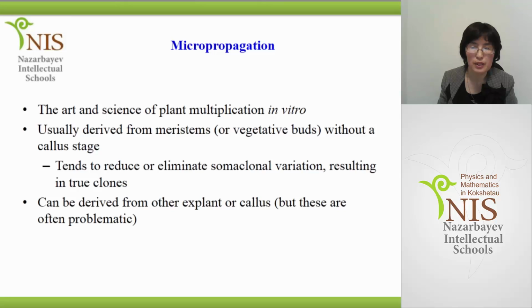And micropropagation, the art and science of plant multiplication in vitro, usually derived from meristems or vegetative buds without a callus state, tends to reduce or eliminate somaclonal variation, resulting in true clones. It can be derived from other explants or callus, but these are often problematic.